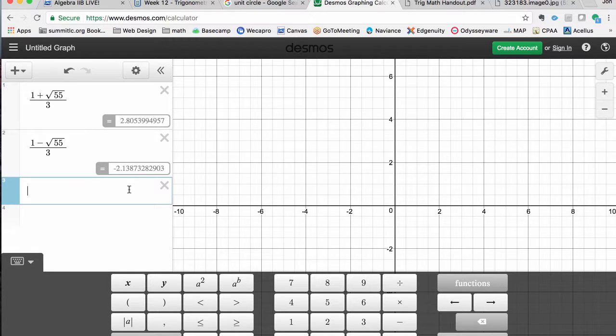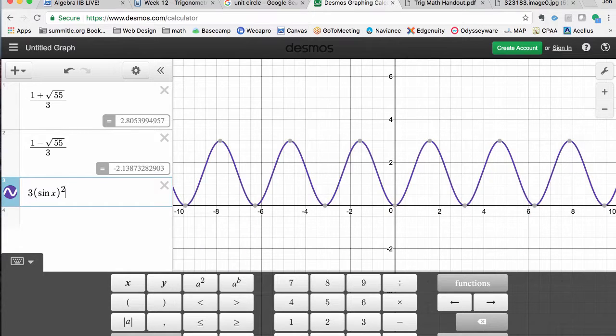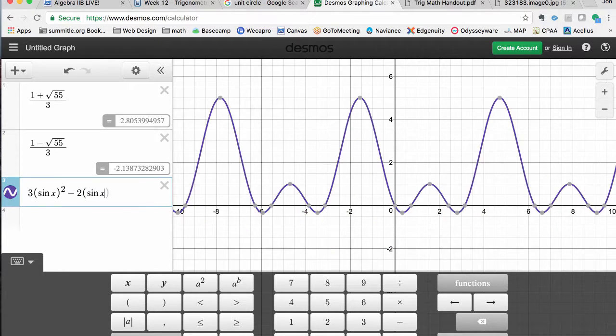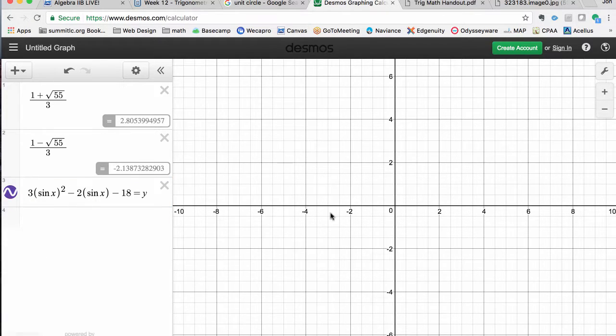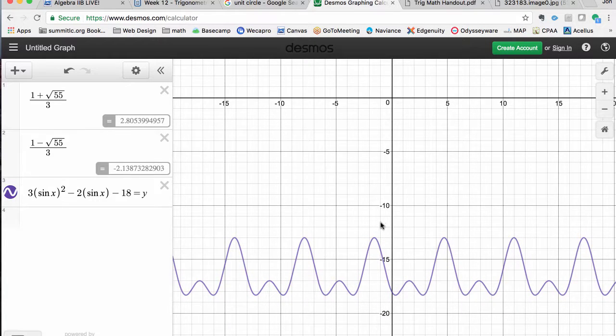I'm going to put in 3 times the sine of x squared minus 2 times the sine of x minus 18 equals y. And I'm going to zoom out, and there's the problem, right? We graphed this.